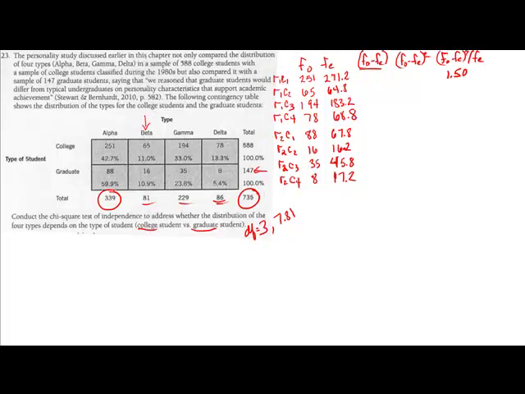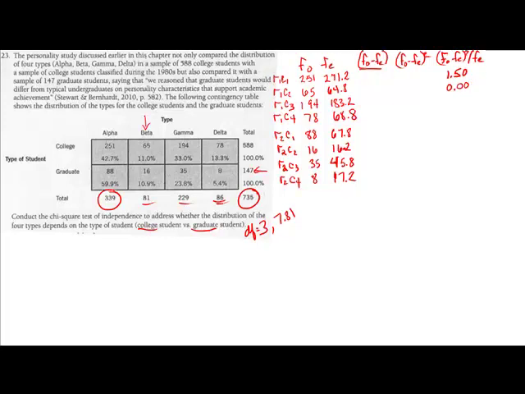So the next one is 65 minus 64.8 squared, and then divided by 64.8. That's a really, really small number. That's 0.000. I'm just going to leave that like that.